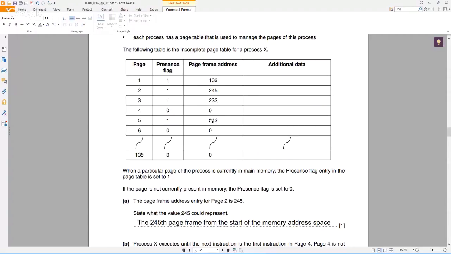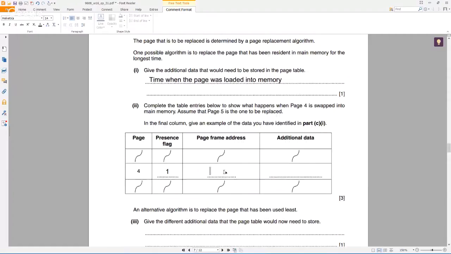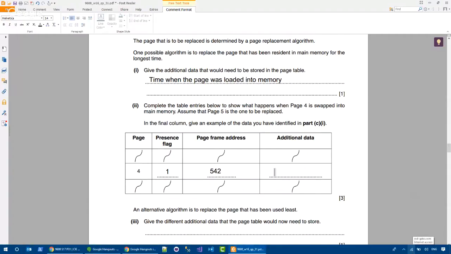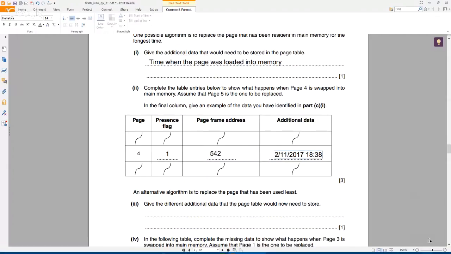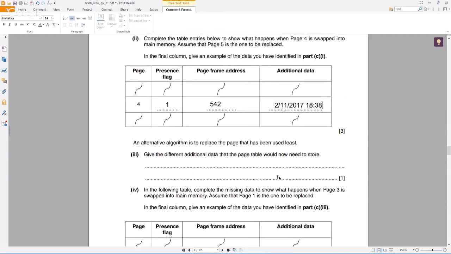So the page frame address of page 5 is 542, and that is what we need to put there, 542. And what would be the additional data? We said that it is the time when it was loaded into memory. What time is it? It's 2 November 2017, and now is 1838, something like that. So the actual time when the page was loaded could be anything similar to that.